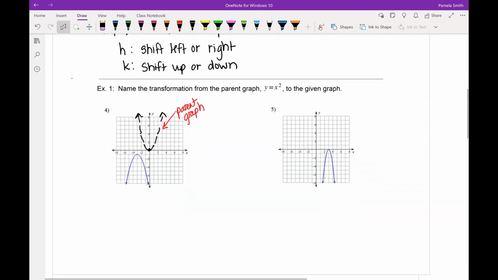So starting at that parent graph, what is one transformation that happened here? It's reflected across the x-axis. The parent opens upward and this one ends up opening downward. So it is reflect across the x-axis.